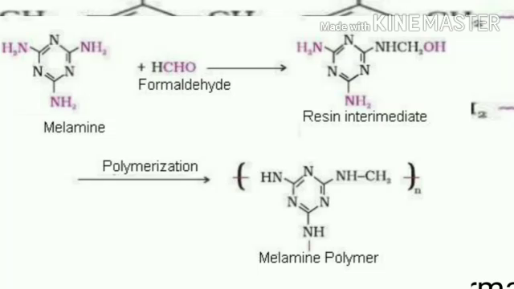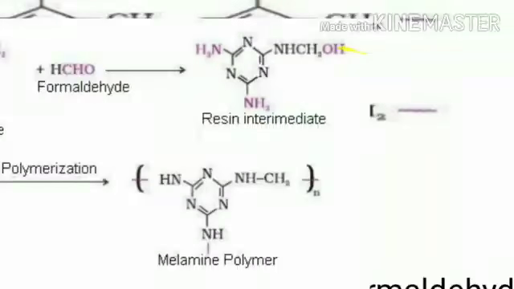This is the structure of melamine. It has a ring containing 3 N atoms and 3 NH2 groups that react with formaldehyde. In the case of bakelite, or phenol formaldehyde resin, we use phenol. There is a reaction between phenol and formaldehyde, and here there is a reaction between melamine and formaldehyde. It gives an intermediate compound.